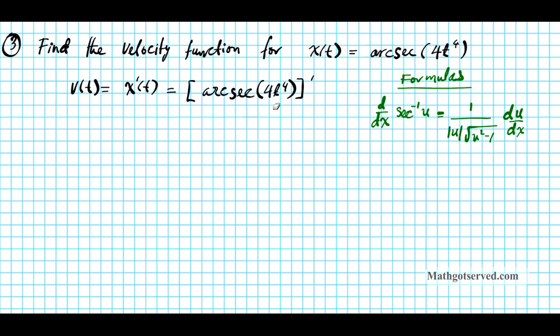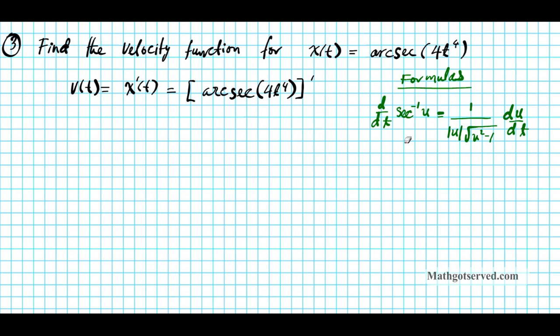Okay, and then when we're differentiating the inner function, we're going to be using the power rule here. But in this case, we're differentiating with respect to t, so let's be consistent with that: d dt, since that's what we're looking for with respect to time, du dt.